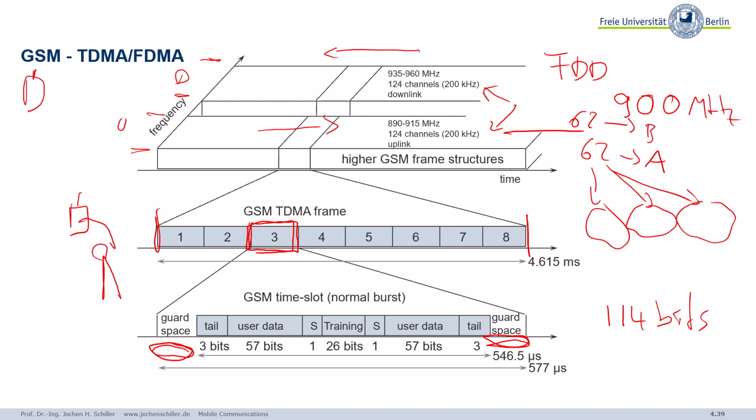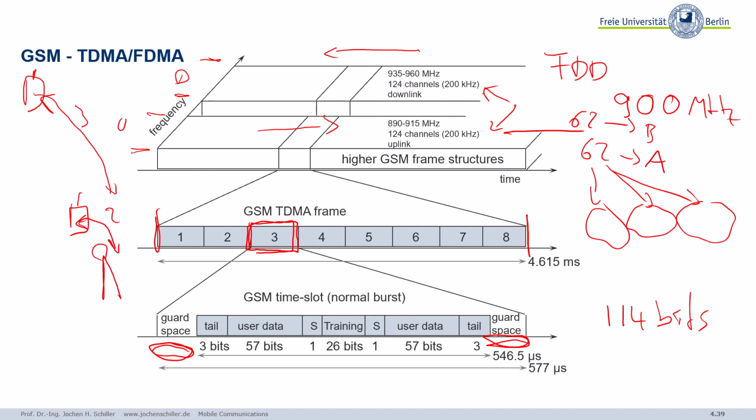Now, one mobile station uses time slot, for example, number 2, and the other one uses time slot number 3. What is quite obvious is that it takes more time for the signal to travel from the station further away. Now, the point is that the system has to adjust the sending time according to the distance.